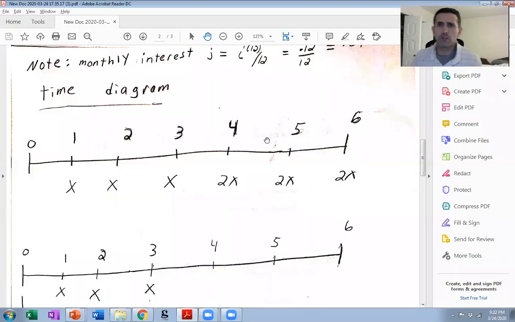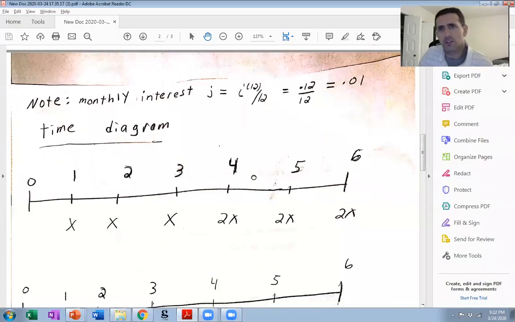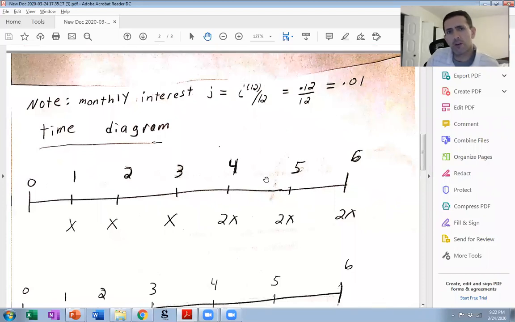Okay, so let's do this problem. Monthly interest is the monthly effective interest. As usual, it's i-12 over 12. Remember, i-12 means we're taking the per 1/12 year interest, which is whatever this is over 12.